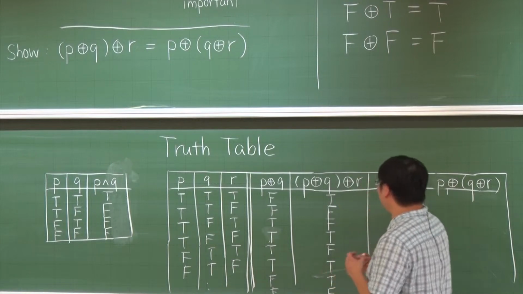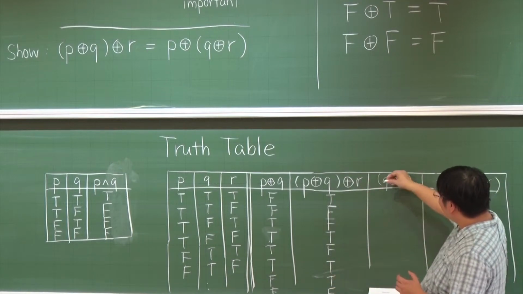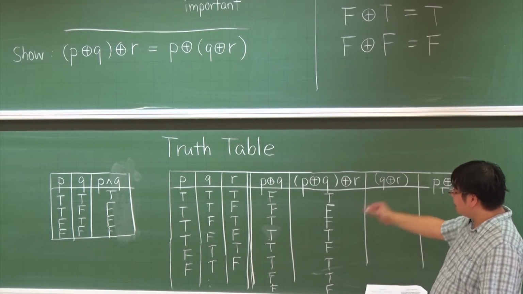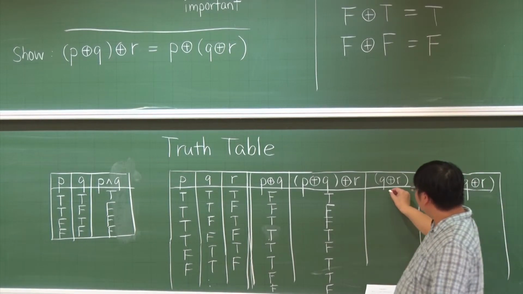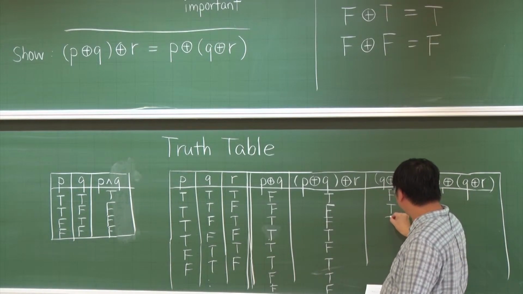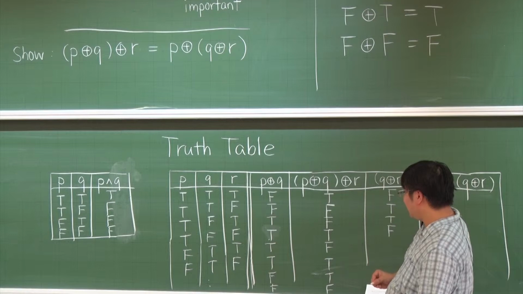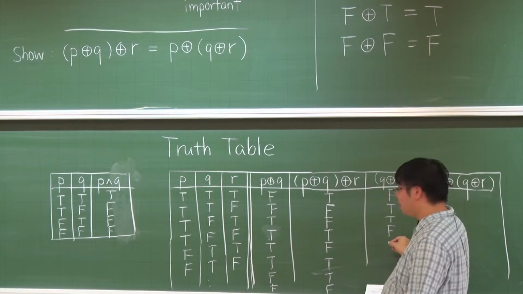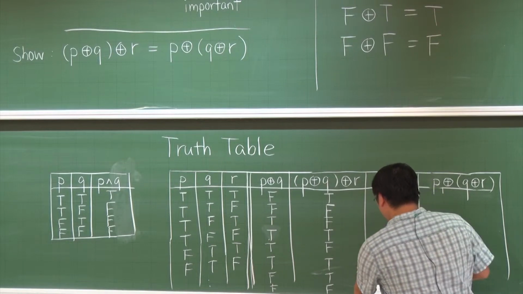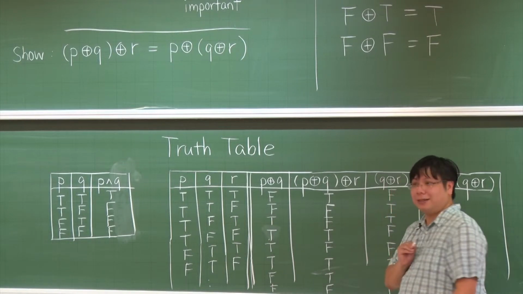Okay, and similarly we can do Q exclusive or R, and this time it is just based on Q and R. So here it will be false, true, true, false, and then again, very good, false, true, true, false. Is that okay?